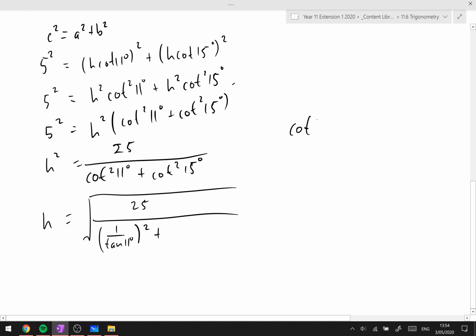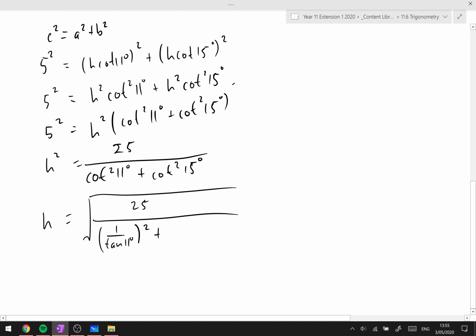So we can rewrite cot squared 11 degrees as cot of 11 degrees squared, and we know cot is just 1 over tan. So we can rewrite it like that, and that's going to help us put it into our calculator.